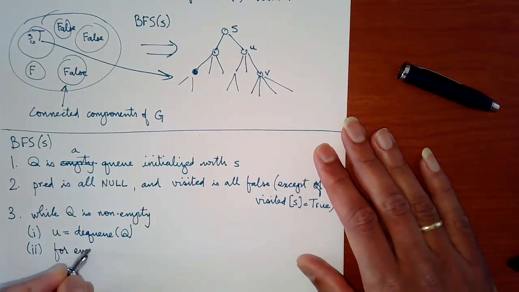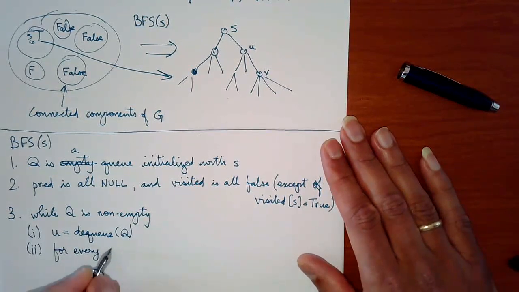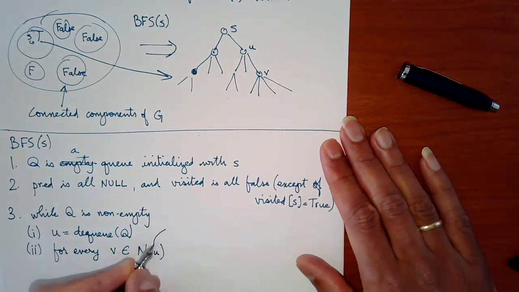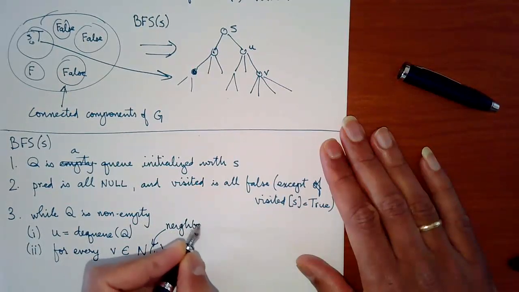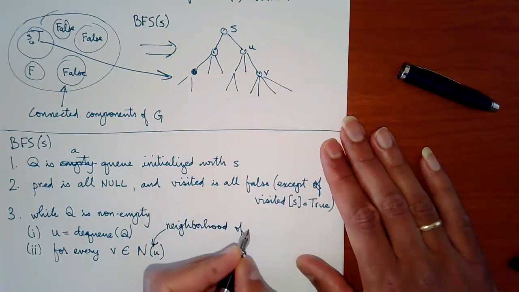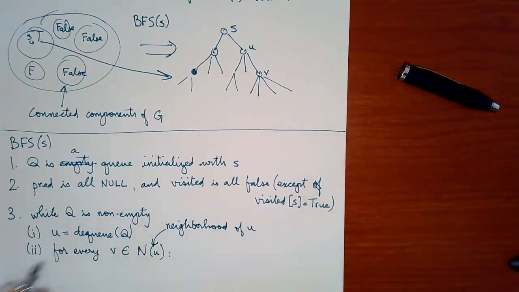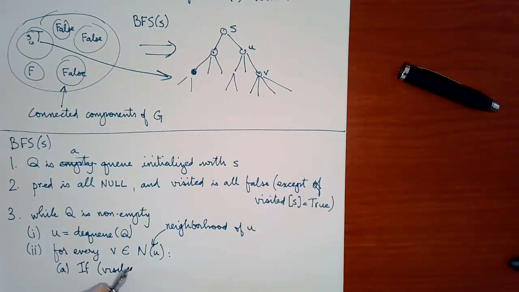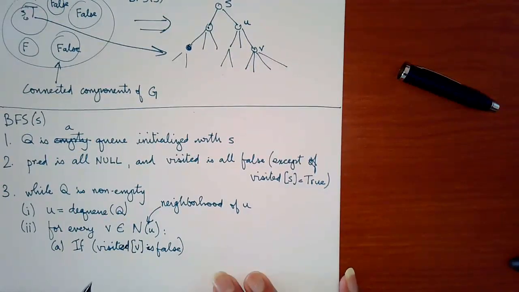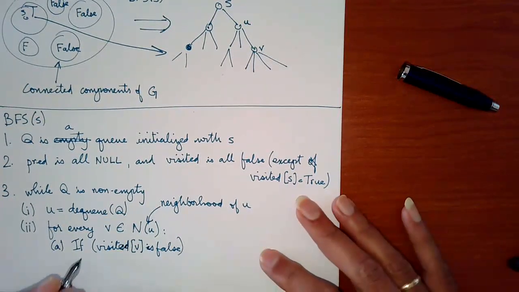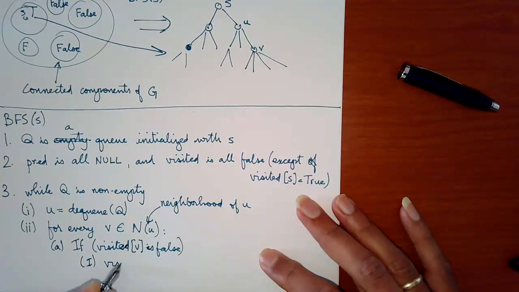For every V in N of U, the neighborhood of U, we say: if visited V is false, meaning V has not been visited before, then first we set visited V to true.